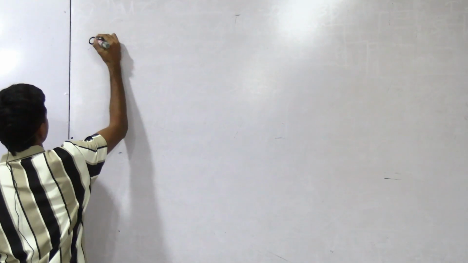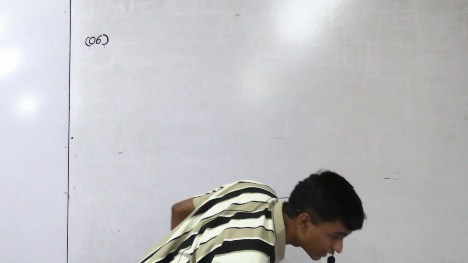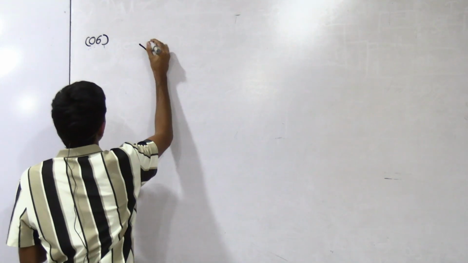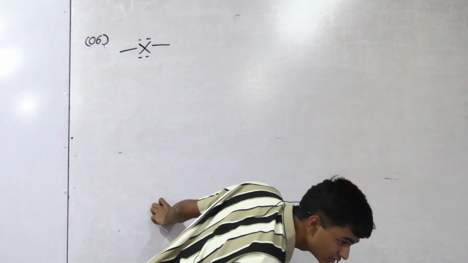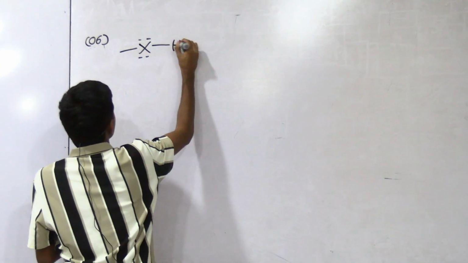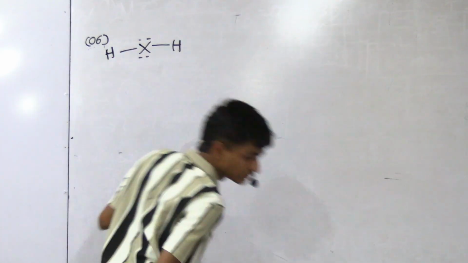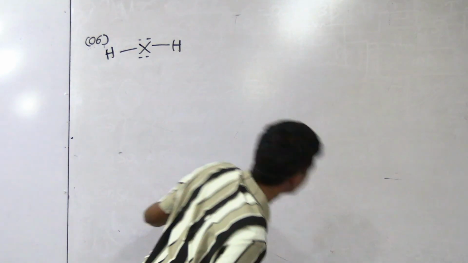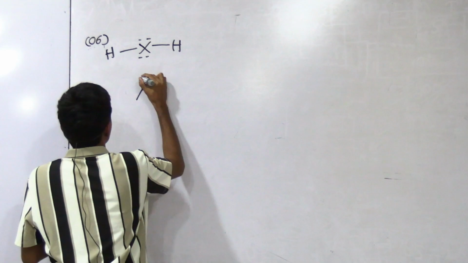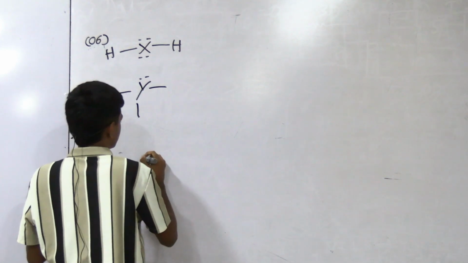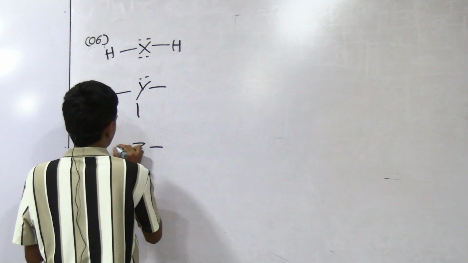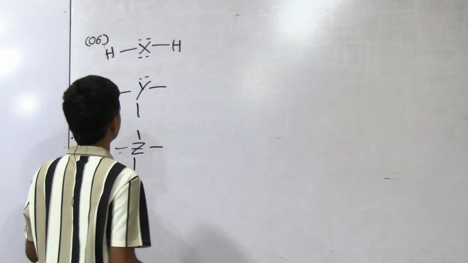Question number 6, we have one Lewis structure like this, and another Lewis structure like this, and another one like this.